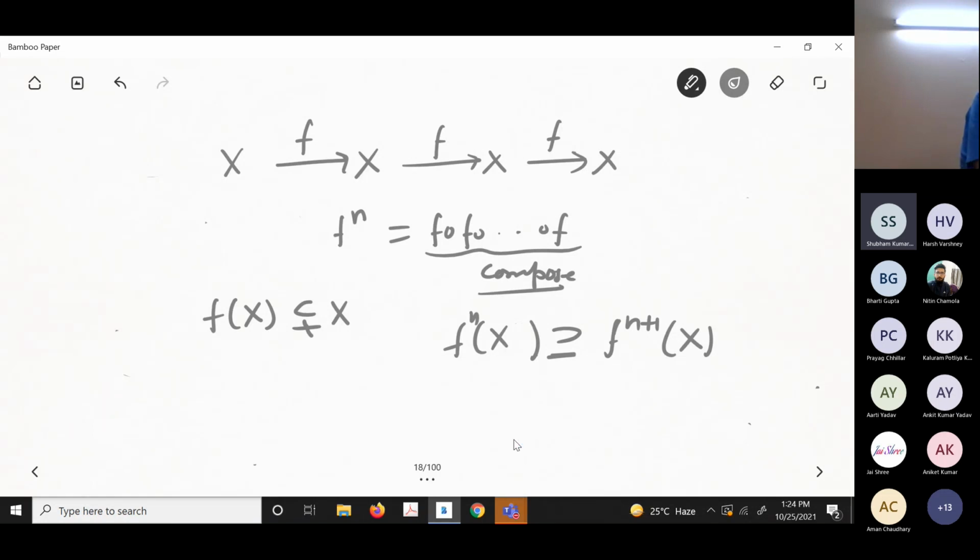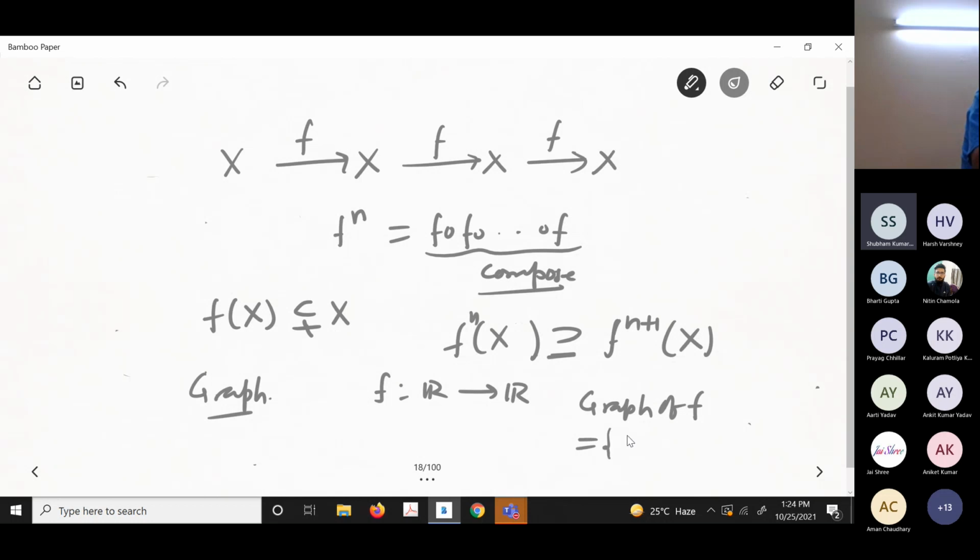Now the question 4, this is very important, particularly when you do function analysis. Suppose I have the graph. I have talked about graph. When I have a function from R to R, the graph of F is actually what? (x, F(x)), which is a subset of R square.